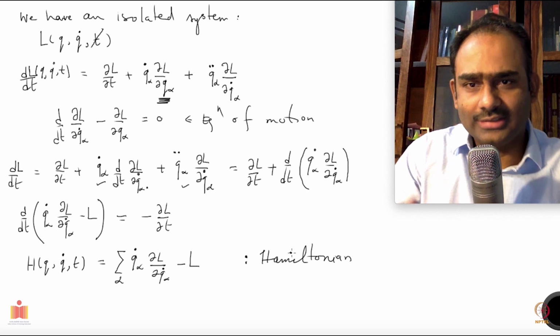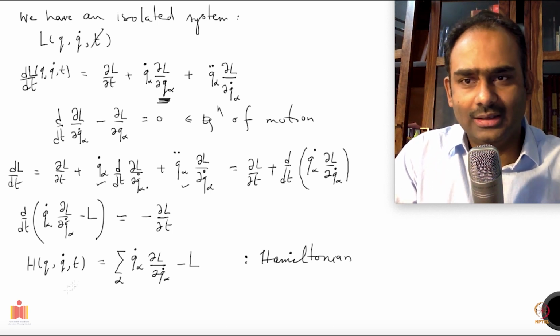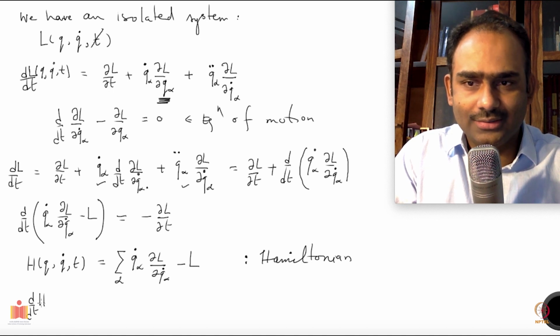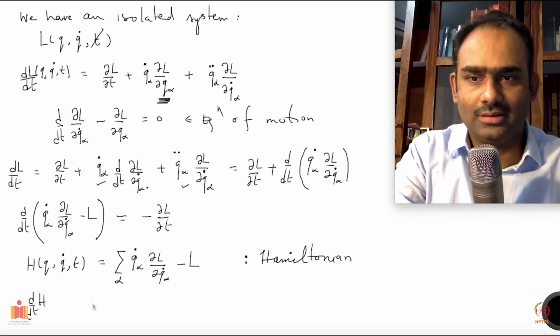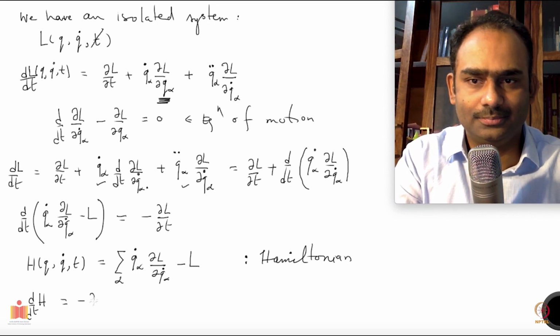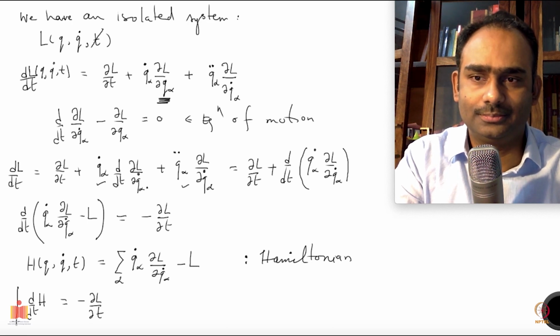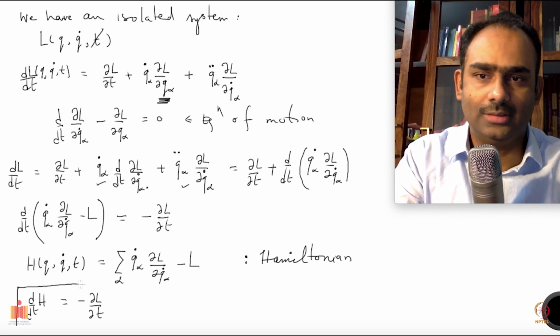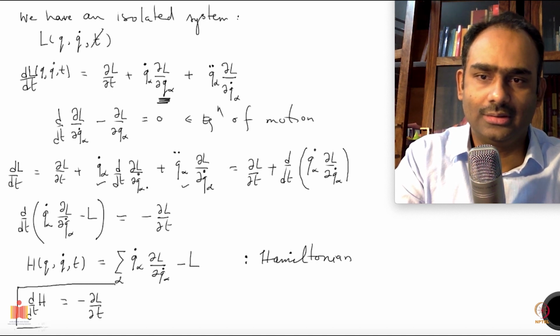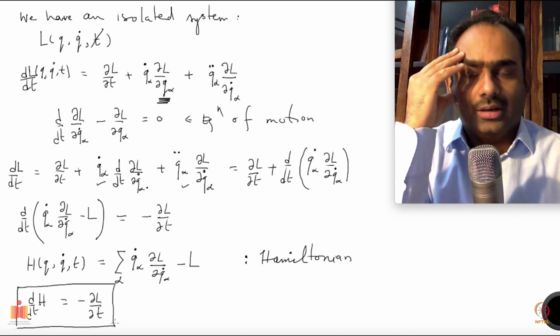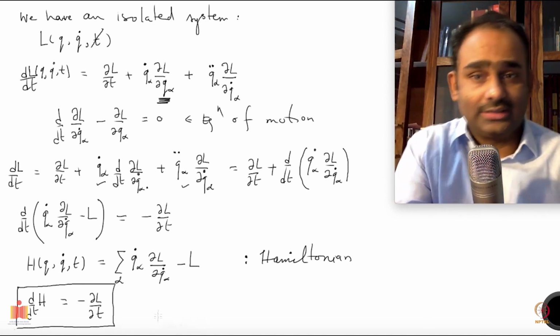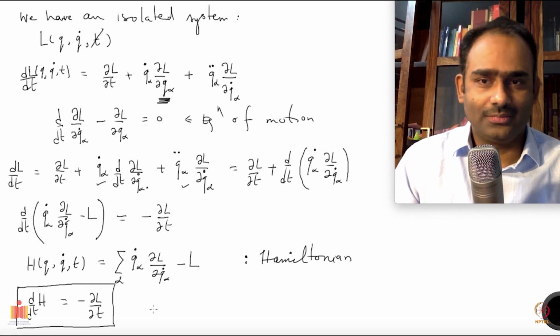So what you see is, for a general system, d over dt of h equals minus del L over del t. Let me put a box around it. Now I wanted to make the remark about an isolated system.